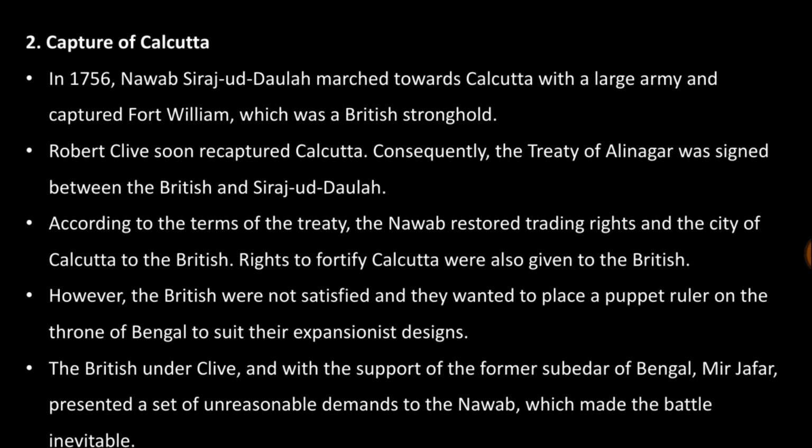So there are two causes. First one, fortification done by the British. Secondly, they captured Calcutta. So those are the causes for the outbreak of the Battle of Plassey. I hope you got the answer. Let's move to the second question.